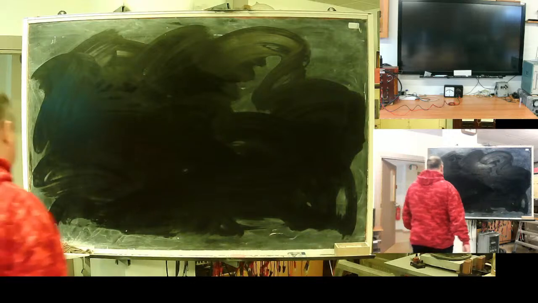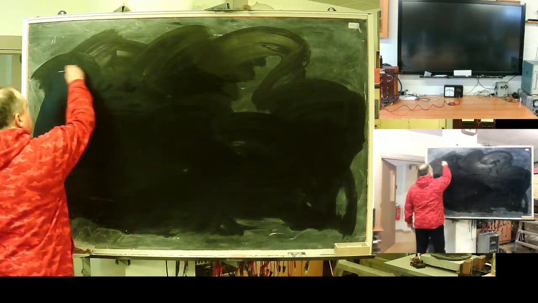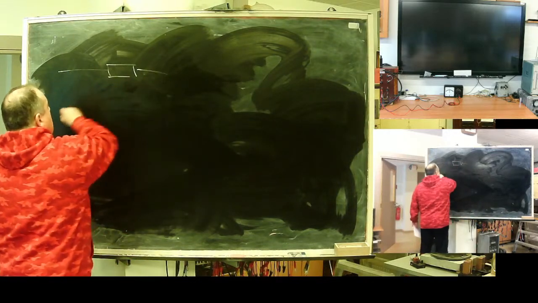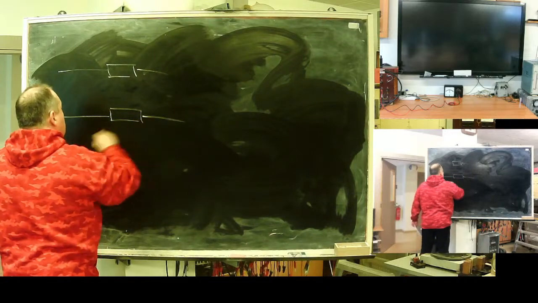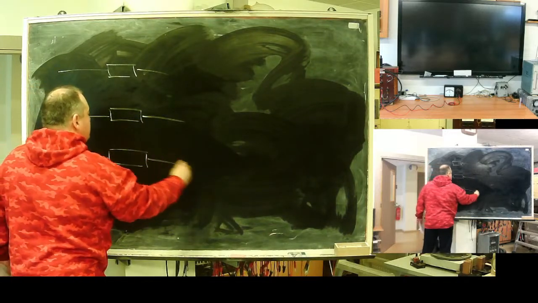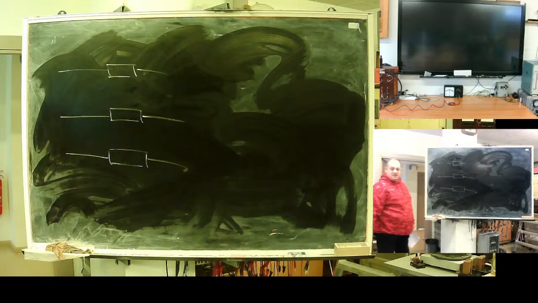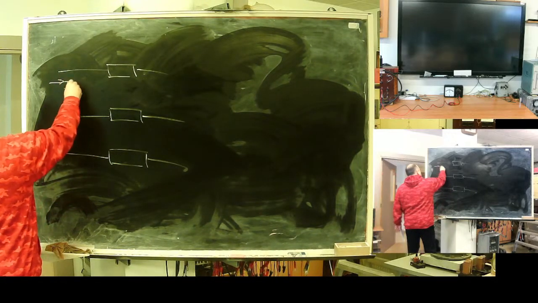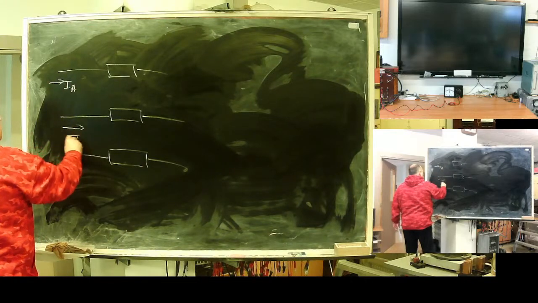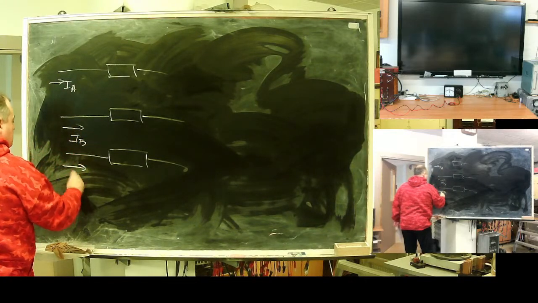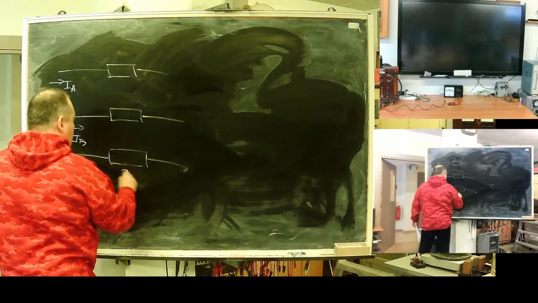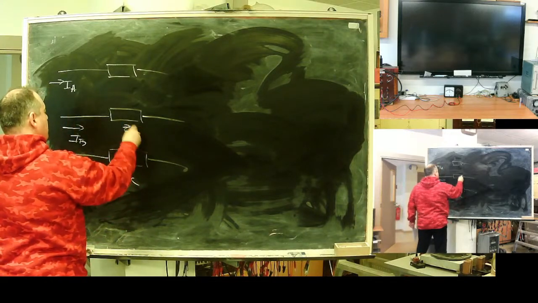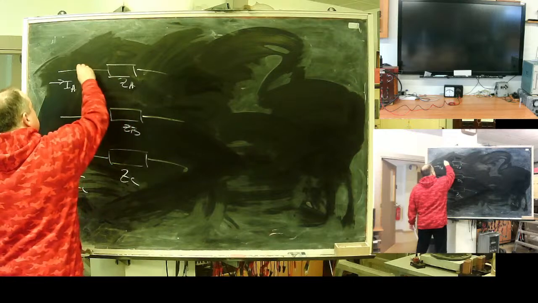So, what am I about? I have three resistances connected in series. Let's say general. So here was the A phase current, B phase current, and C phase current. I have resistances A, B, C, some resistance.